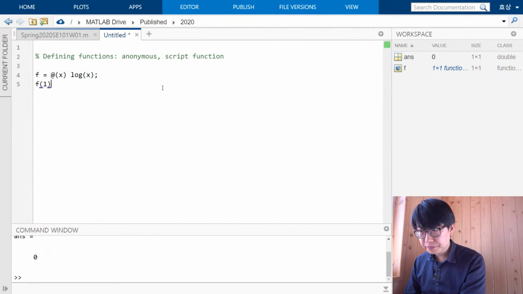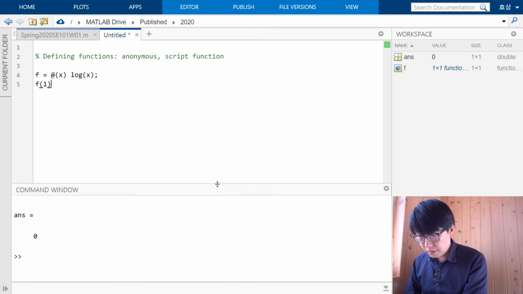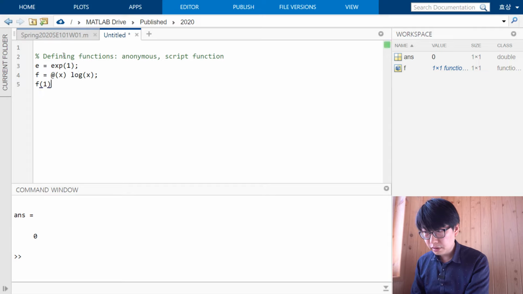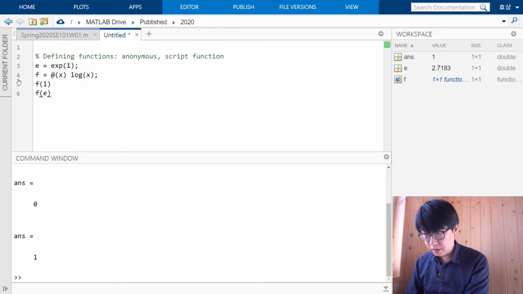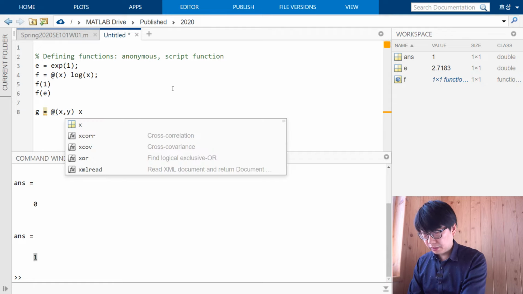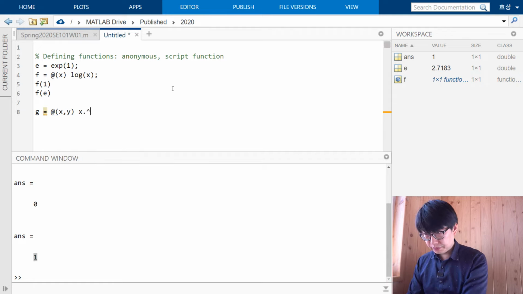Okay, so let's define e as a natural constant, and f of 1 and f of e give outputs 0 and 1. Okay. So if you want to define a two variable function, each independent variable must be separated by a comma, and let's say x squared plus y squared.